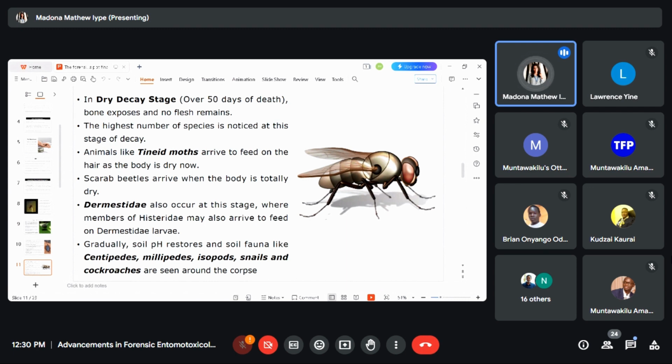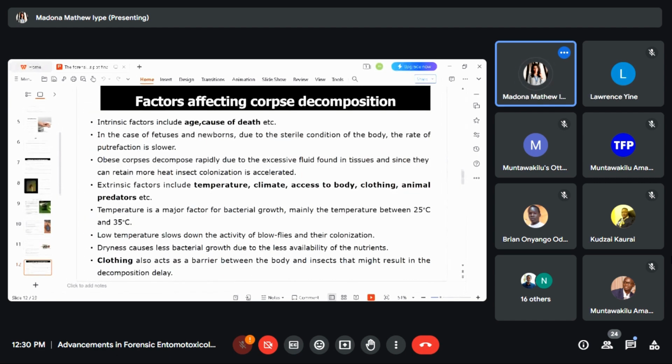The soil fauna like the centipedes, millipedes, snails, slugs, cockroaches, and isopods just come and check out and go back. They are not into consuming so much flesh. They just arrive at the corpse, try degrading some material, and leave the site.